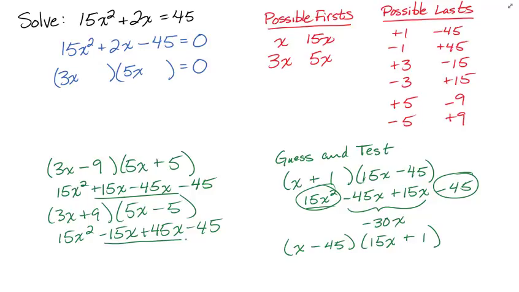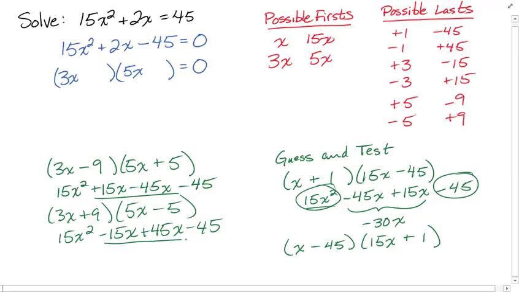Well, what if we change the positions? And what if we try a minus 5 and a plus 9? Well, what's going to happen there? The first is still going to be 15x squared, and the last is still going to be minus 45.